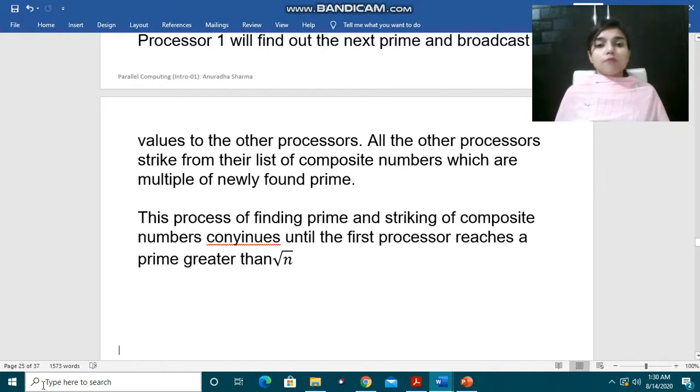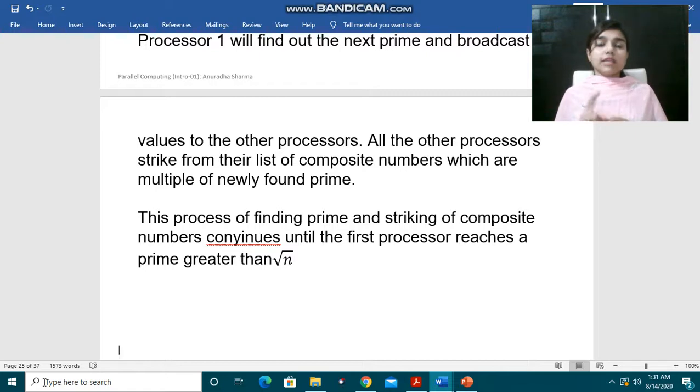Thus, the process of finding primes and striking out composite numbers continues until the first processor reaches a prime greater than root n. So what we have observed is that in the data parallel approach, each processor is assigned a segment of natural numbers. The first processor will contain all the primes which are less than root n and the first prime which is greater than root n. In this fashion, we will assign portions to the other processors also.